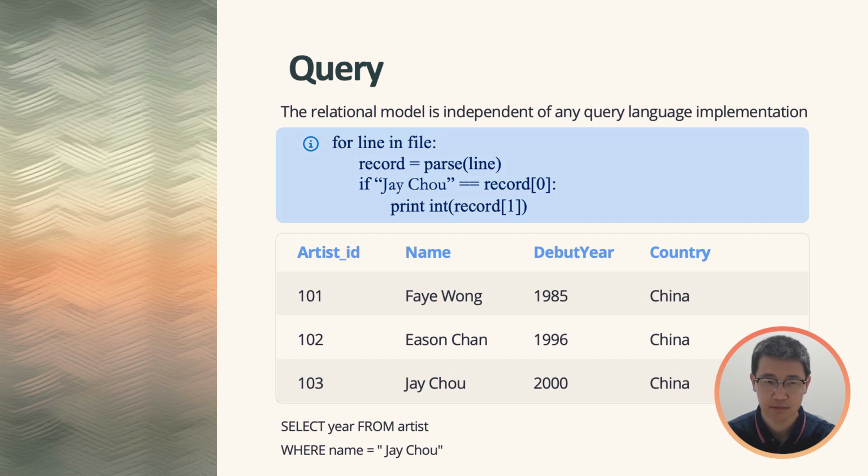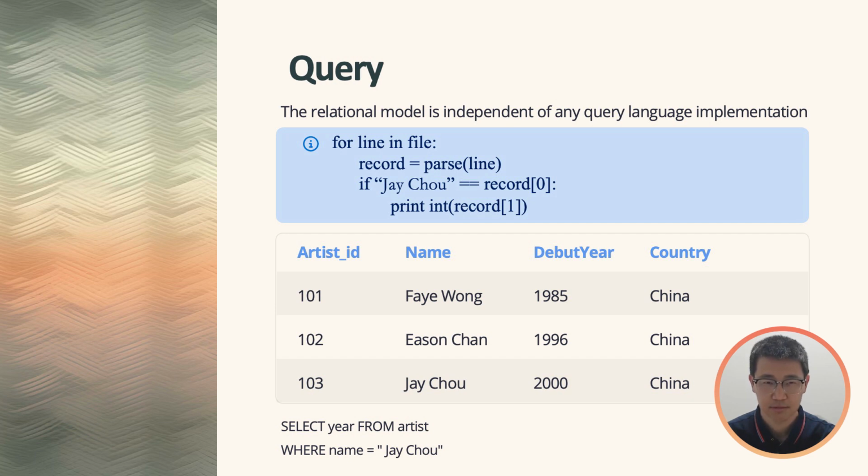Let's take a look at the table on the right. We can query the data via a Python script. First, we go through each line of the file and assign the content to an array. When we find that the first element of the array is Jay Chou, we then print out its second element accordingly.